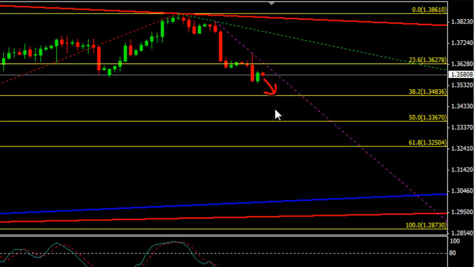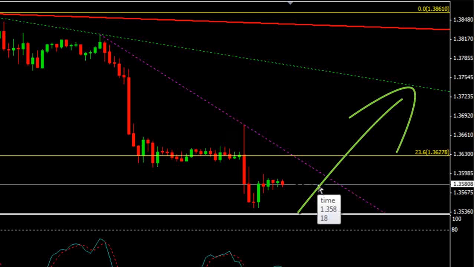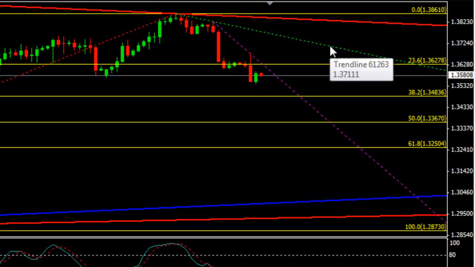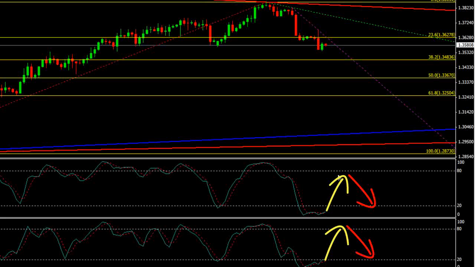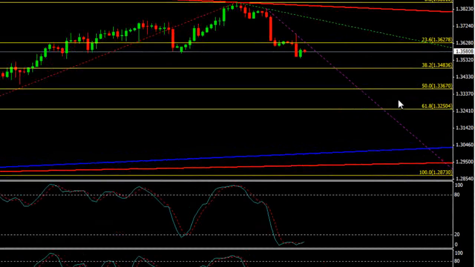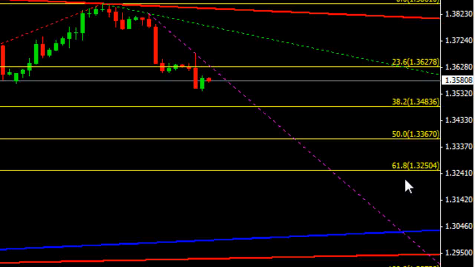1.3483, and the price bouncing back from that 38.2 percent retracement and breaking this branch trend line in the H1 chart and immediately finding a resistance at this downward trend line, where stochastics 14, 3, 3 and 5, 3, 3 in H4 popping up and crossing over exactly when the price is touching this trend line gives a confirmation that it is acting as a very strong resistance, and price starts to fall back to 50 or 61.8 percent at 1.3367 or 1.3250.